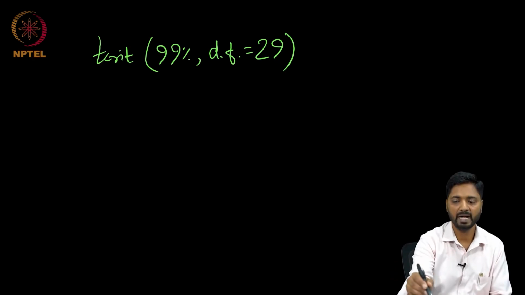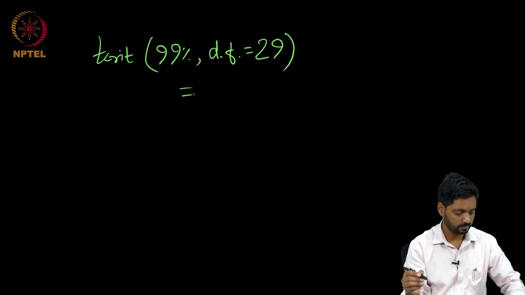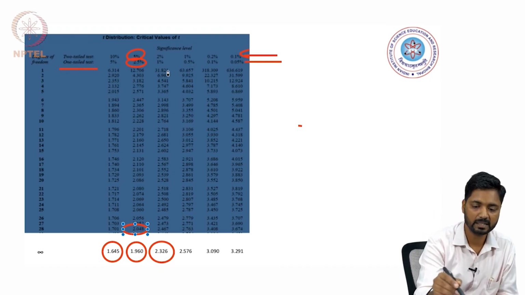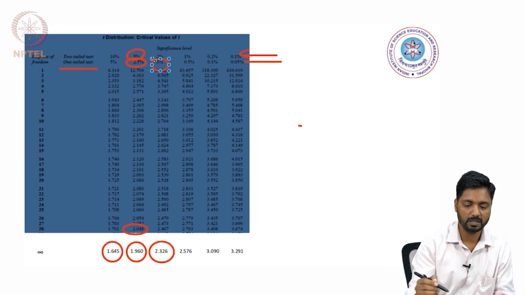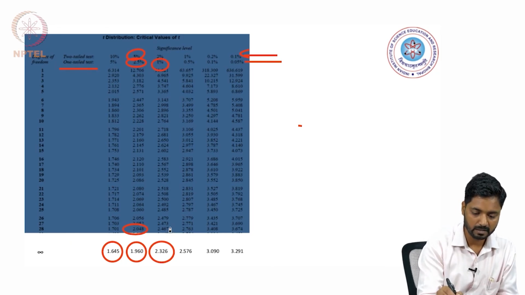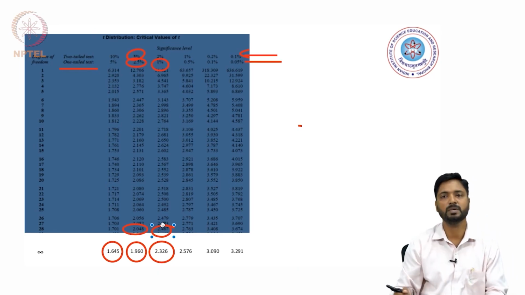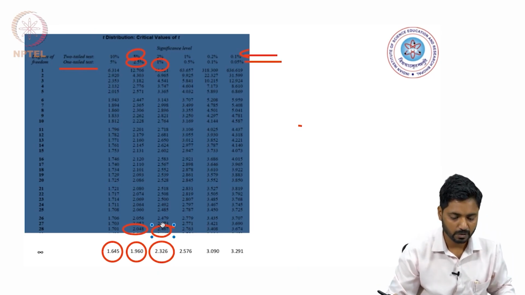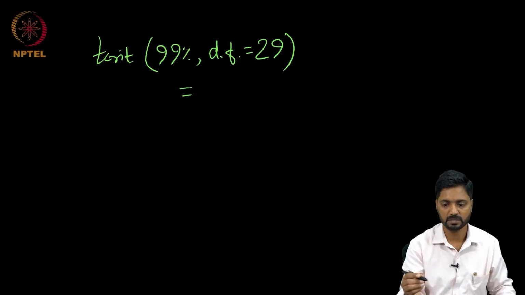We will go back to the table and we are looking at the 99% confidence level and around this will be the reading. Let us presume that this reading is 2.46.